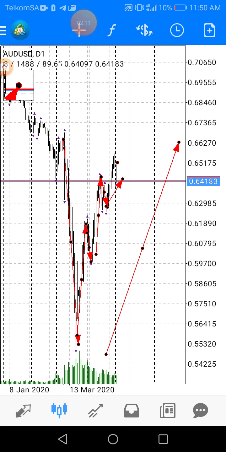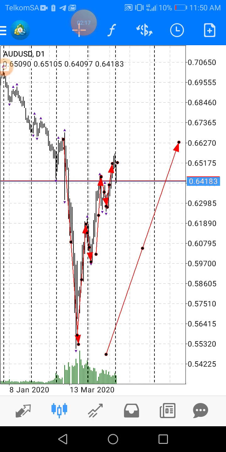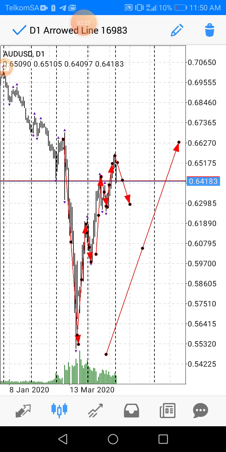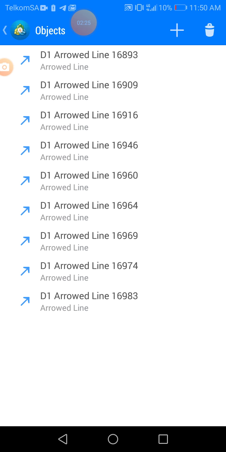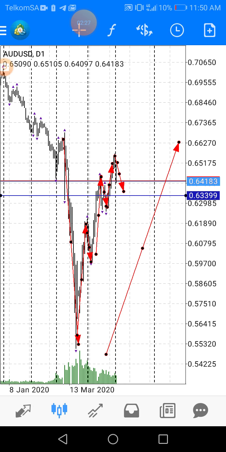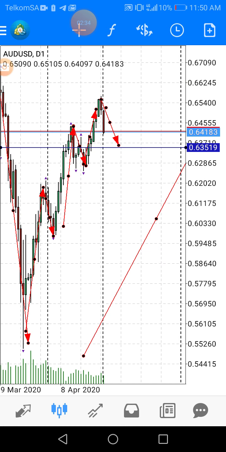This is where everyone is watching. Okay, the correction wave is here, from here to here. So this will be the support. You can see too much rejection there, with that support.